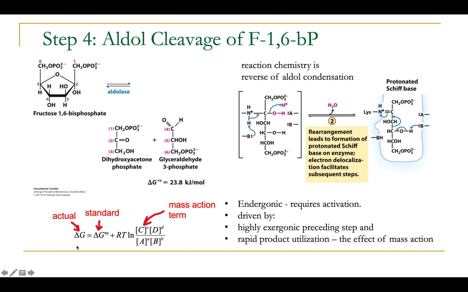The reason is that the actual free energy change in a chemical reaction is a combination of the standard free energy change at standard conditions and a contribution of the mass action term, which is determined by the actual concentration of substrate and product in the chemical reaction. In step 4, the previous steps, step 1 and 3, are highly exergonic.